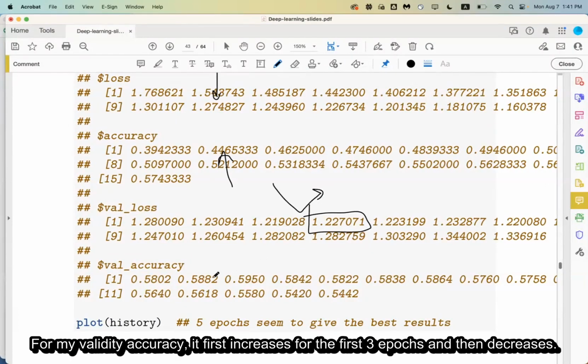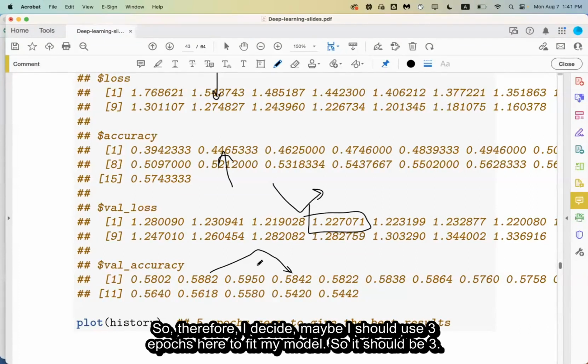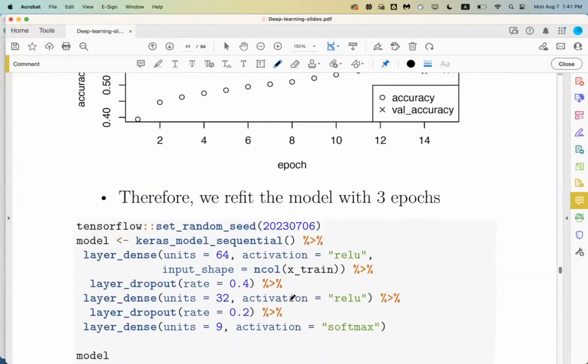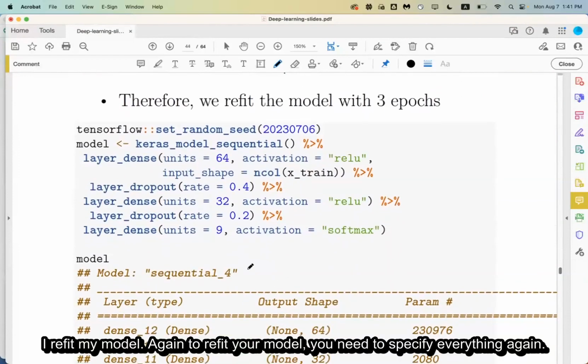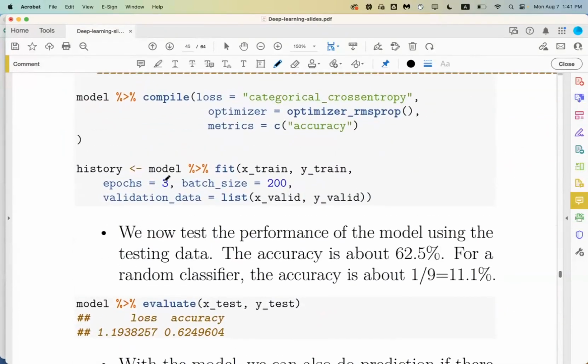For my validation accuracy, it first increases for the first 3 epochs and then decreases. So therefore, I decided maybe I should use 3 epochs to fit my model. And with that, I refit my model. Again, to refit your model, you need to specify everything again. So now my number of epochs is 3.